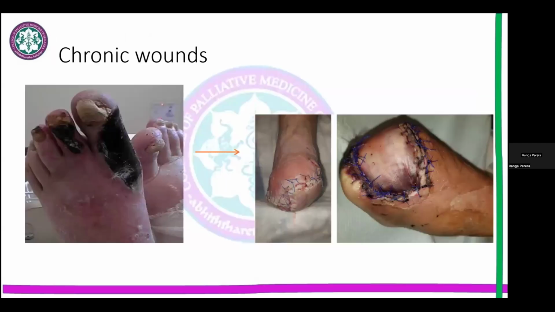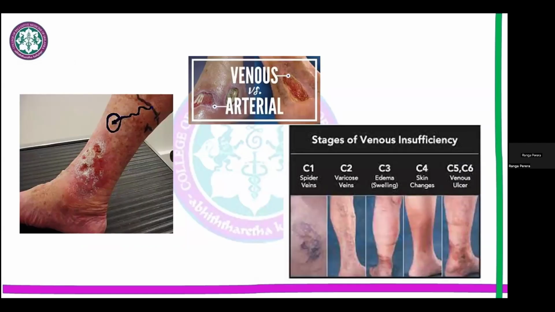What we are interested in mostly in palliative care is the chronic wounds. Chronic wounds are wounds that have been there for a long time, probably started by an acute wound or started as a tissue loss from the beginning, maybe due to various reasons. We'll come to those things later. Some of them are due to arterial and venous causes, right? Venous ulcers and arterial ulcers are there.